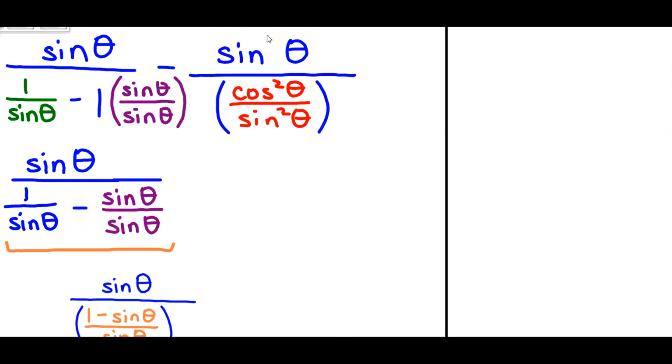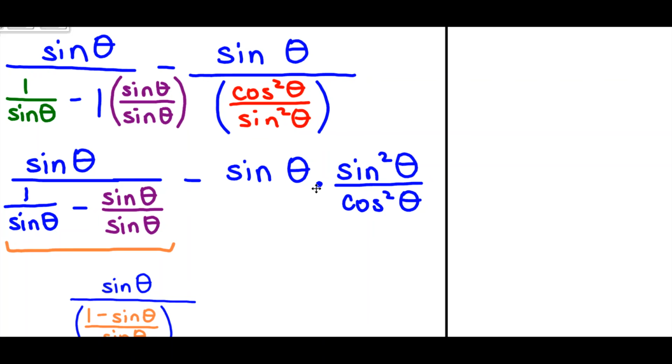On the other term, I have a fraction and I have another fraction in there, so I'm going to multiply by the reciprocal to try and get rid of that fraction on the bottom, because it's not really that fun to work with. And so I'm going to have sine theta times the reciprocal, or sine squared theta over cosine squared theta.